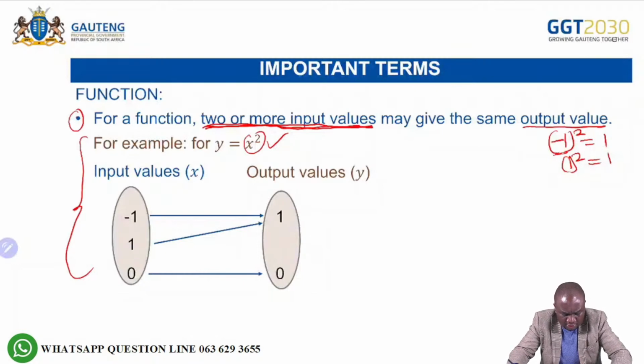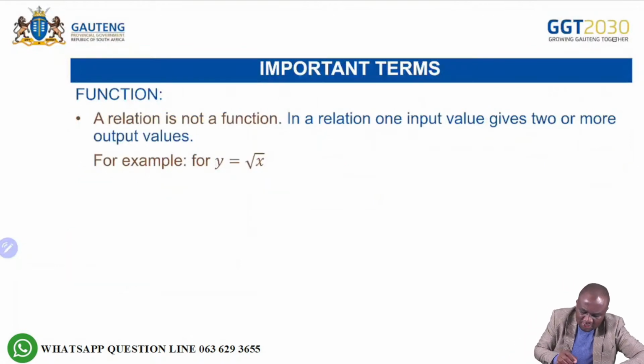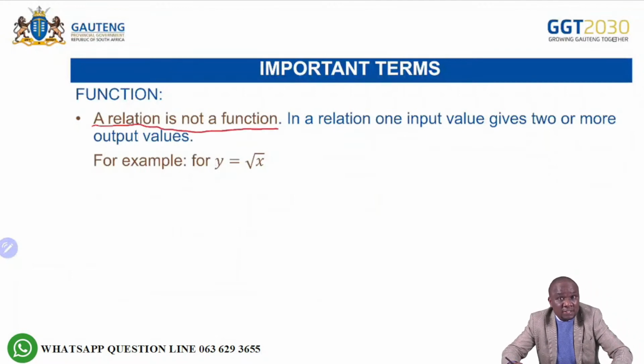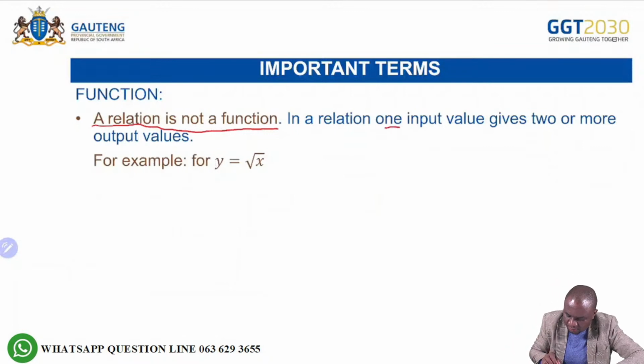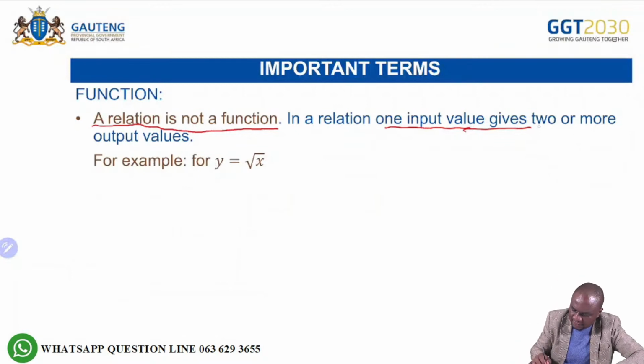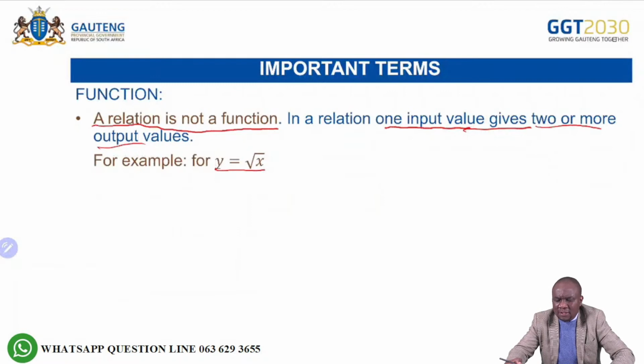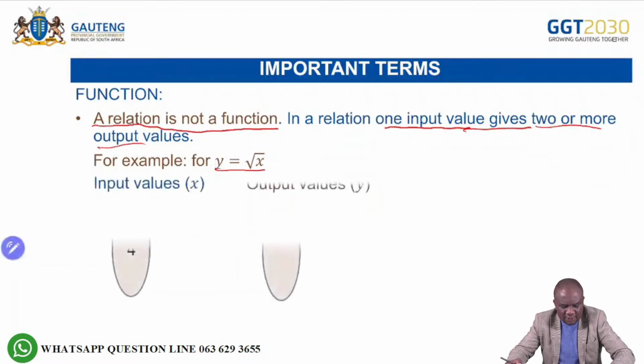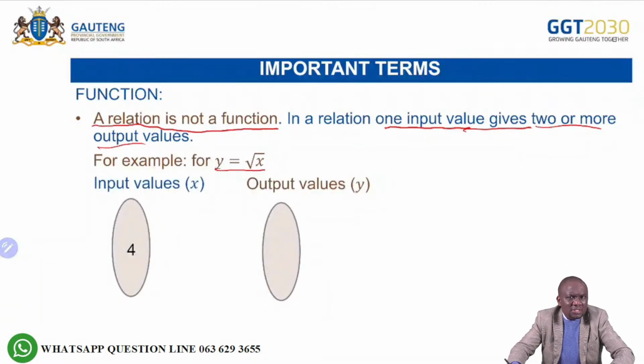Right, and then let's go to the relation. A relation is not a function. There are some relations which are not functions. In a relation, one input value gives two or more output values. So in a situation like this one, if I say, what is the square root of 4?